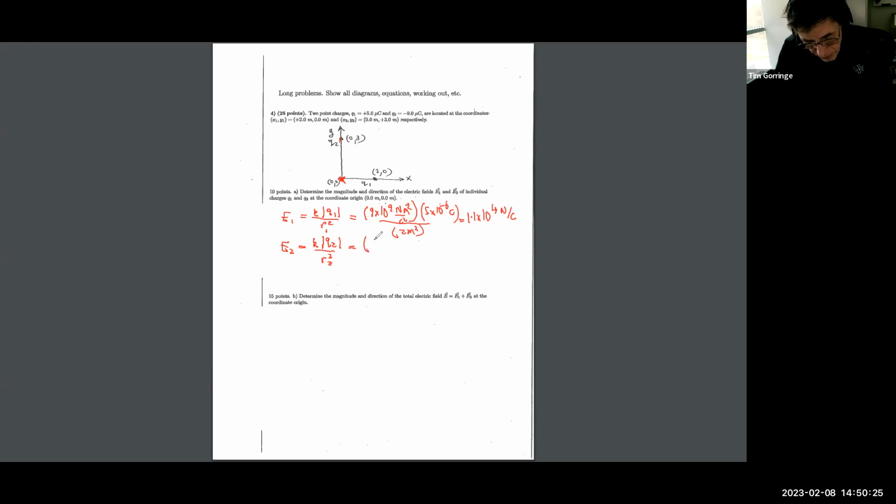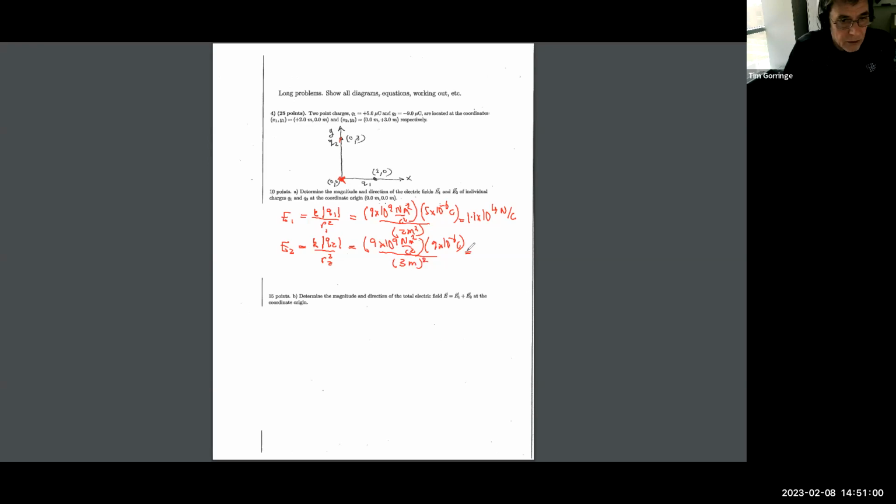The strength of the second field, again, 9 times 10 to the 9 newton meters squared per coulomb squared is the Coulomb constant. We've got to multiply it by the charge. This time the charge for the second charge is 9 times 10 to the minus 6 coulombs. And we got to divide by the square of the distance. This time the distance from this second charge, Q2, on the vertical axis, is 3 meters. And so I've got to divide by 3 meters squared.